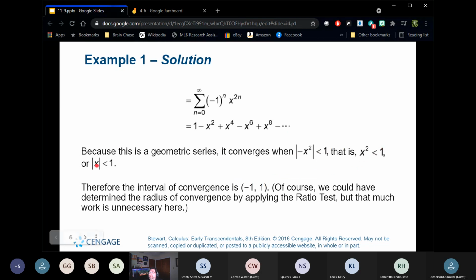And that means the absolute value of x has to be less than 1. Everybody understand how they got rid of the negative sign because of the absolute value, and took the square root of both sides, which gives you plus or minus x, which puts the absolute value sign back into place? So my interval of convergence is from -1 to 1.